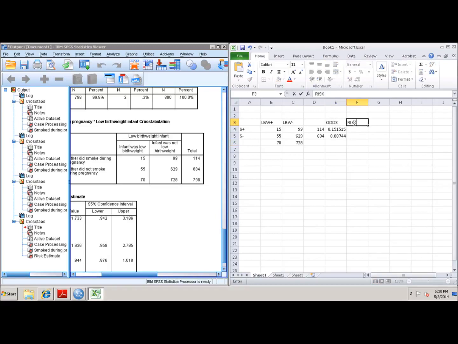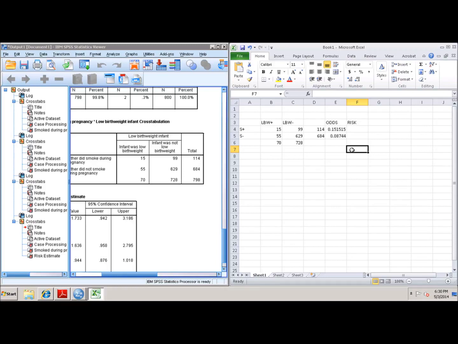We can calculate risk. Now keep in mind this is a cross-sectional survey, so risk is not appropriate for this case. Risk is appropriate for a longitudinal analysis where we are able to observe incidence of outcomes.